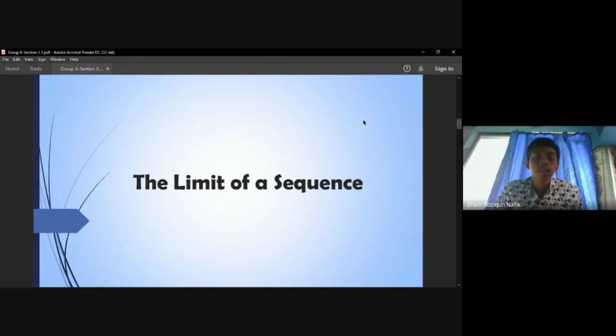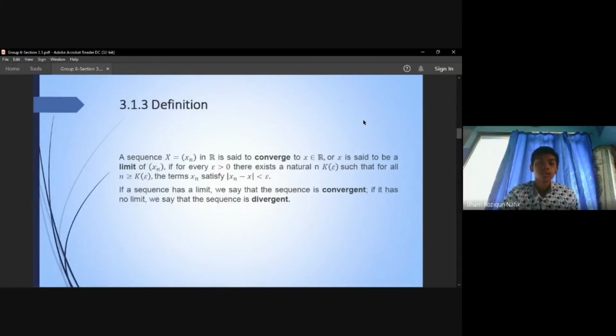The next part is the limit of a sequence. The definition of the limit of a sequence: a sequence X equals (xn) in the real numbers is said to converge to x, an element of the real numbers, or x is said to be a limit of (xn), if for every epsilon greater than 0 there exists a natural number K of epsilon such that for all n greater than or equal to K of epsilon, the terms xn satisfy the absolute value of xn minus x less than epsilon.